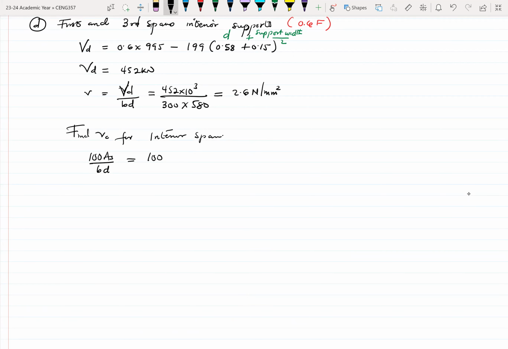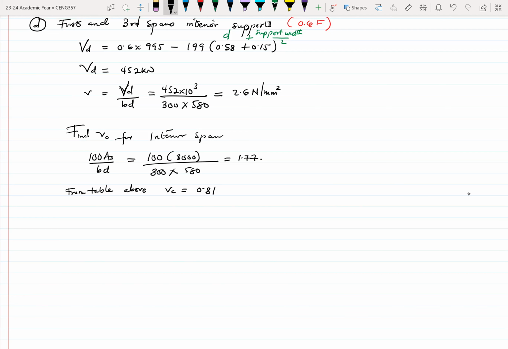So it's 100 times 3,000 over B, where B is 300, and then D of 580. So this should give us 1.77. So from the table above, our VC would be 0.81.